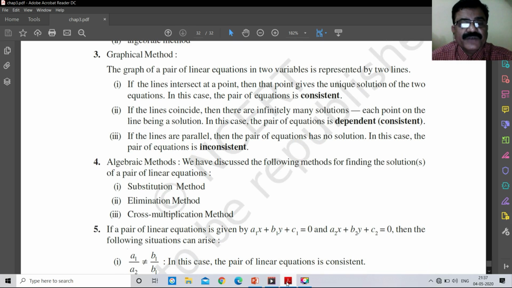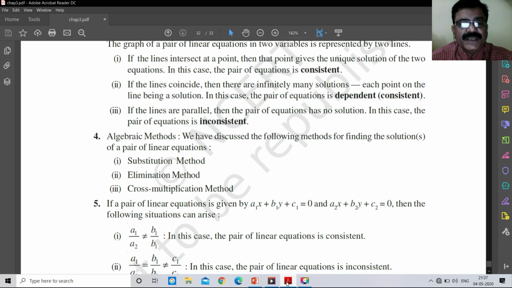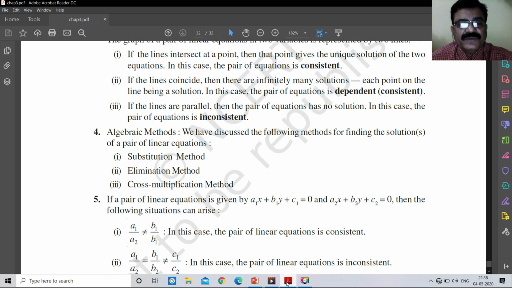A pair of linear equations is given by a1x plus b1y plus c1 is equal to 0 and a2x plus b2y plus c2 is equal to 0. Then the following situations can arise: a1 by a2 not equal to b1 by b2. In this case, the pair of linear equations is consistent.